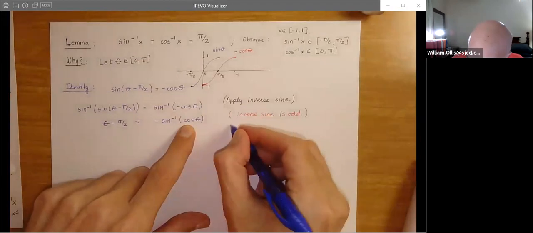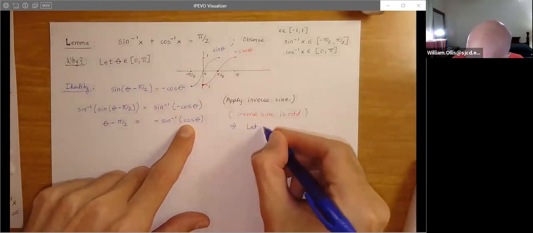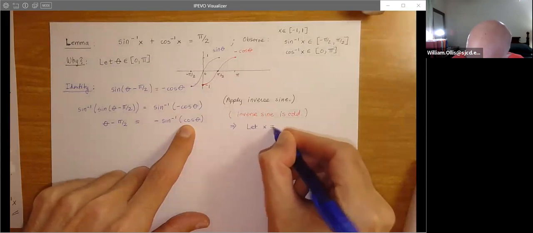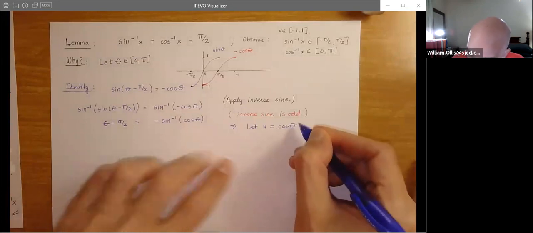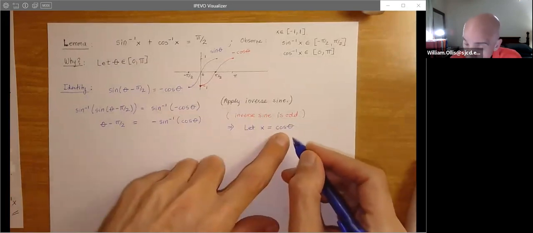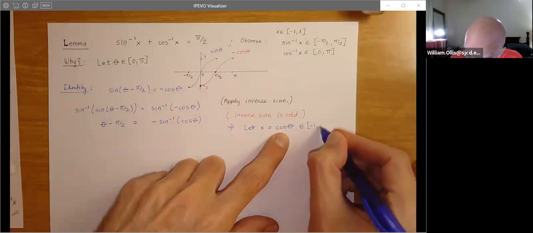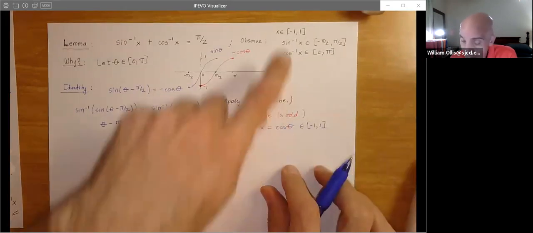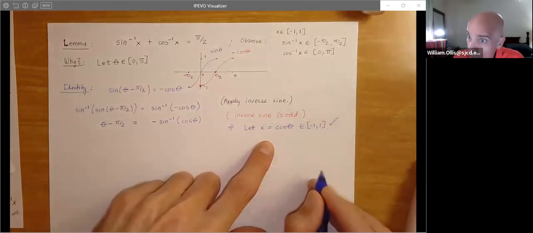But here we see now that we have a definition for x. So this will imply, as a little sidebar, let x equal the cosine of theta. Now, of course, this is good because cosine of theta lives between -1 and 1. That's just the basic cosine function. So that corresponds to x. So that's a check, right?